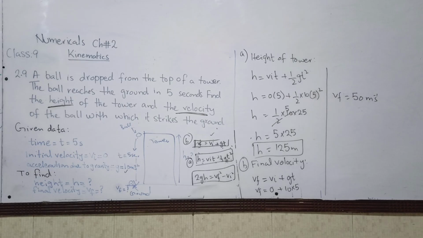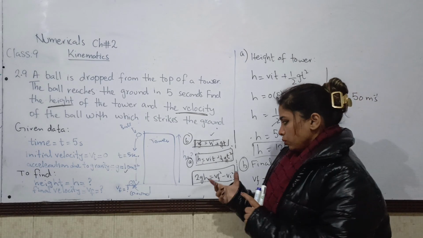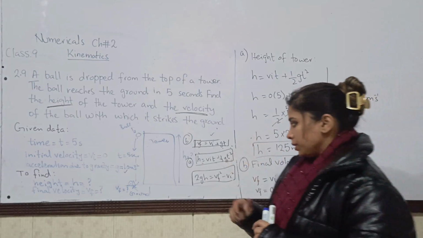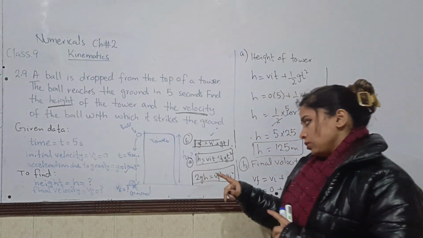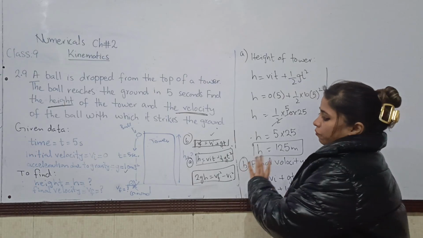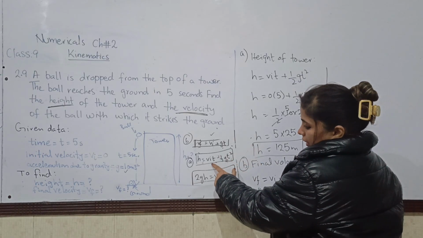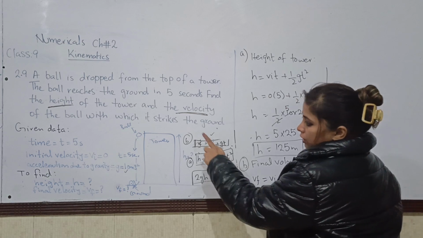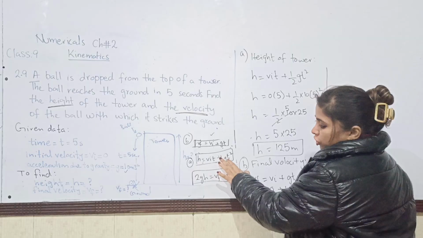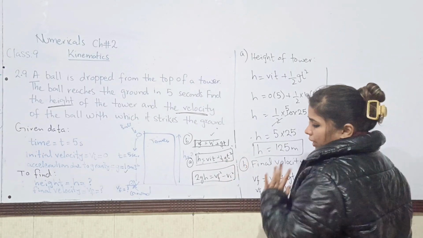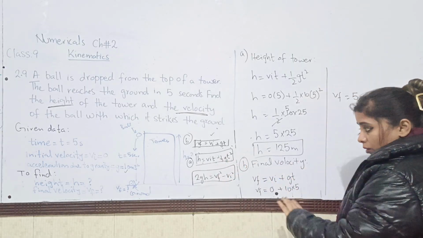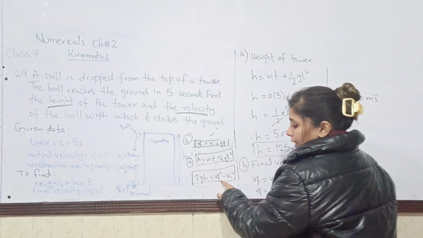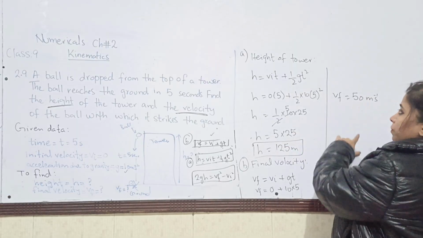It is visible, yes. Now here you have concluded that when we want to find the height of the tower, either we will use this or this. If you are doing the first part, you can use this equation because the initial velocity is given, that is 0, and g is constant, time is given. So you can easily find height by using this equation. You can use the other equation if you know the value of vf. But in the second part we have solved this.